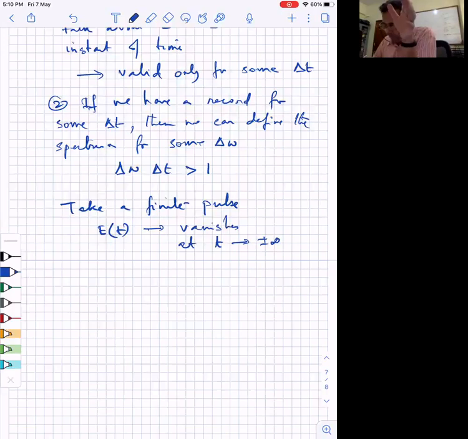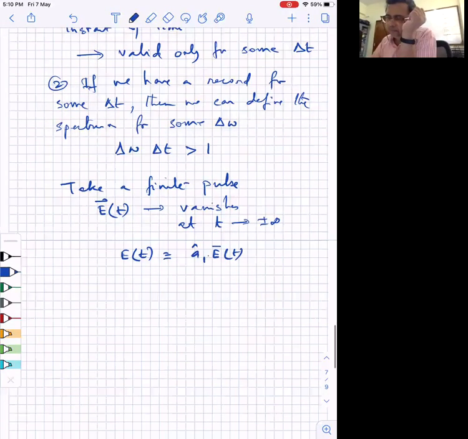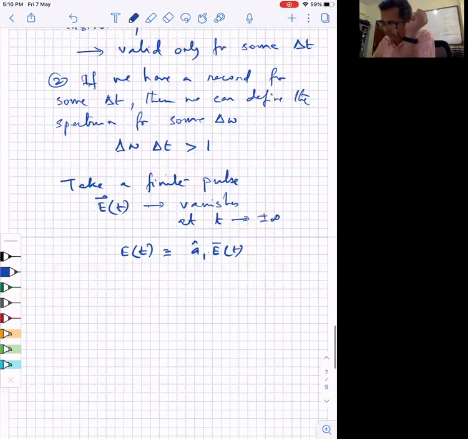And for simplicity from before, E of t is a finite pulse, so I define it like this.